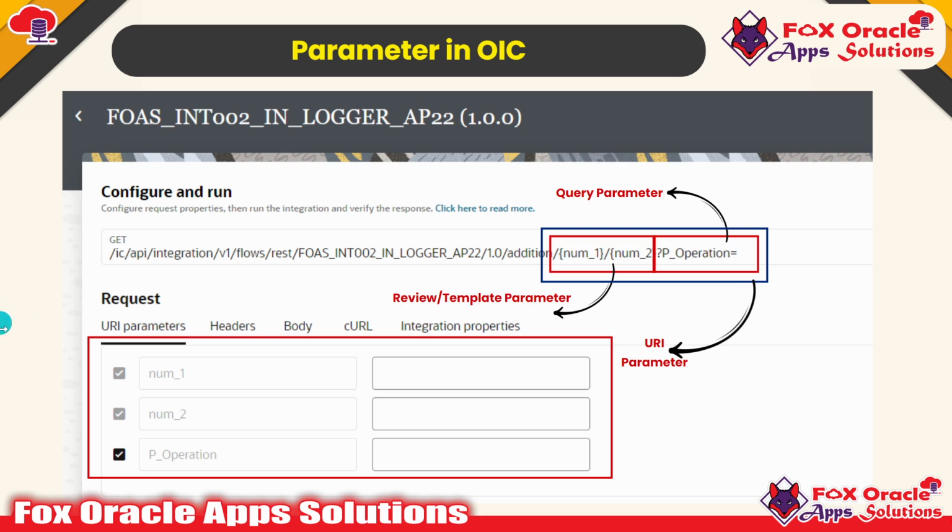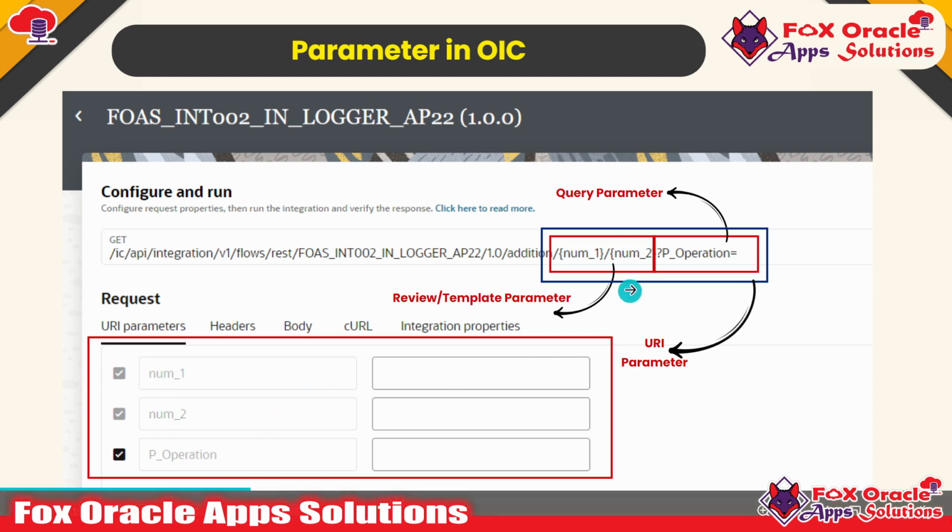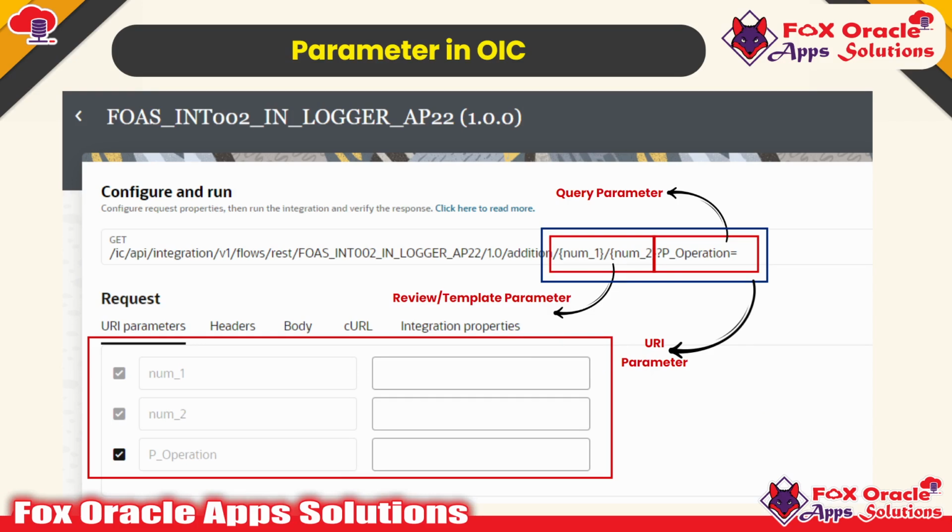At runtime, whatever value we pass in these parameters will be reflected in the URL. That value will make this URL dynamic at runtime. Whatever value we pass, it will make that OIC URL based on that value only.